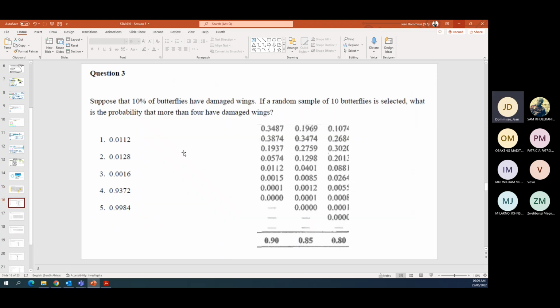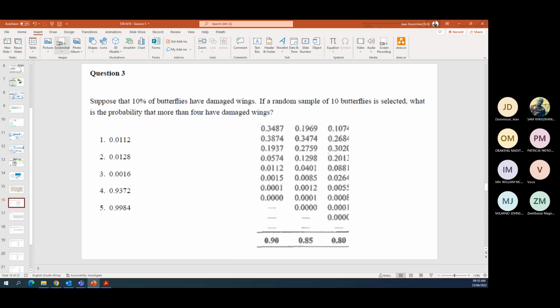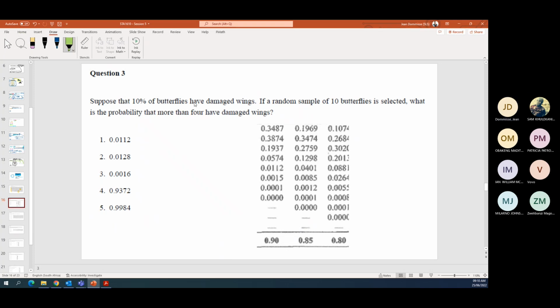With this question, I thought what was good to look at: suppose that 10% of butterflies have damaged wings.